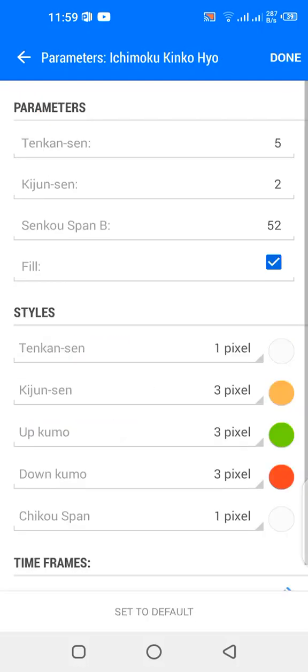Then the Ichimoku, you have the Tenkan Sen to be 5, Kijun Sen to be 21, Senkou Span B to be 52. Okay, you check the field for the color. Then the Kijun Sen color is orange. Up Kumo is green. Down Kumo is red.